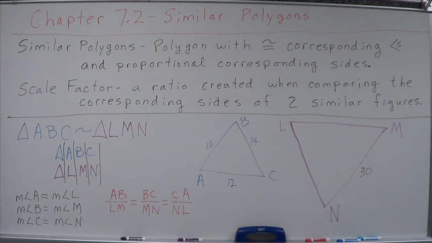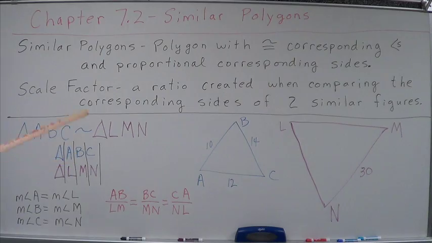Now we're going to take what we learned about proportions and use it in what we call similar polygons. A couple of definitions we need to get to. Similar polygons are polygons with congruent corresponding angles and proportional corresponding sides. Let's say it again.